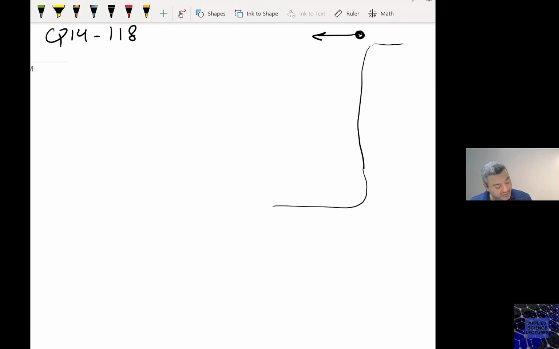The total time between the toss and the return sound is 8 seconds.